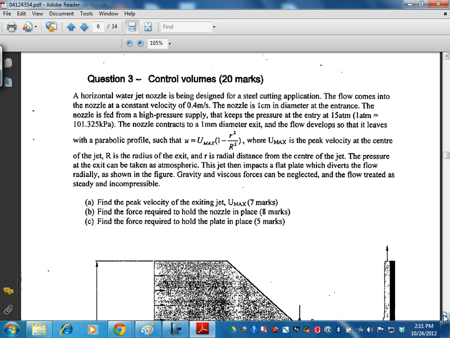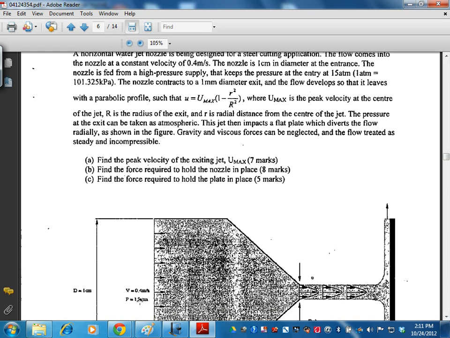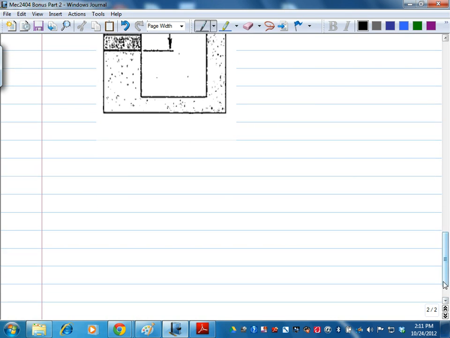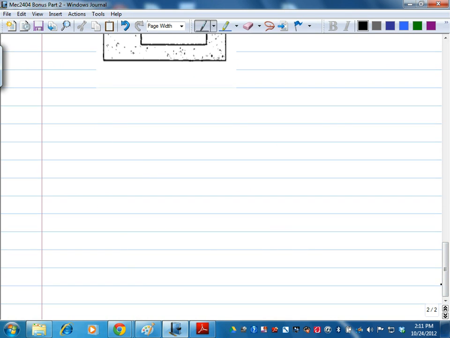And the picture looks something like this. Nozzle goes in and comes out as a parabolic jet.